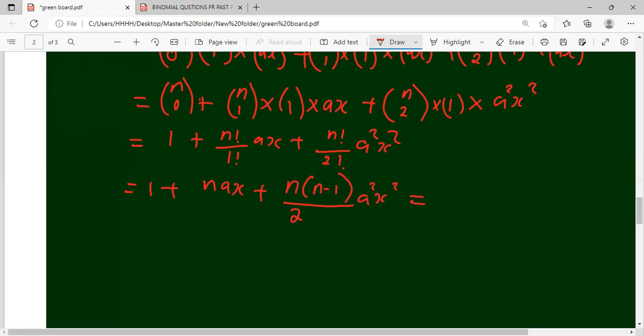And this should be equal to 1 minus 16x plus 112x squared.